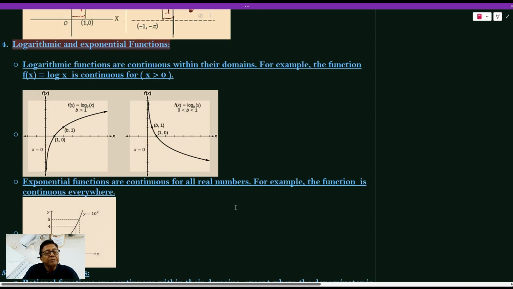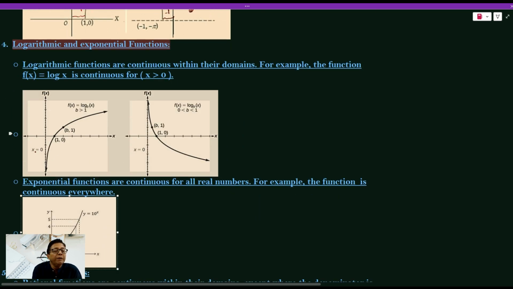Logarithmic function. For b greater than 1, graph of log is this. For b less than 1 and greater than 0, graph of the function is this. So again, this is continuous for x greater than 0. In fact, its domain is 0 to infinity. It is continuous over there.